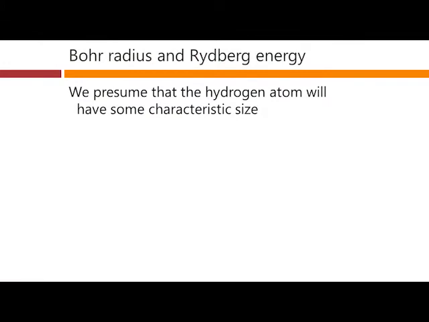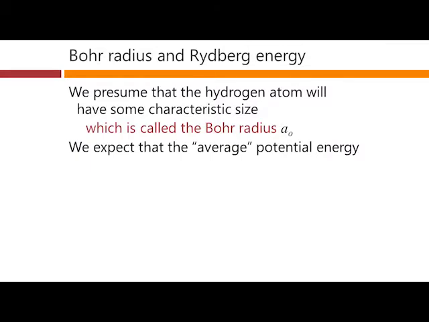So we're going to presume that the hydrogen atom we get in the end will have some characteristic size. And we'll call that characteristic size the Bohr radius, and we'll give it the label a subscript 0, a naught. And we expect, therefore, that the magnitude of the potential energy will be the one that corresponds to the electron and the proton being separated by approximately this distance.